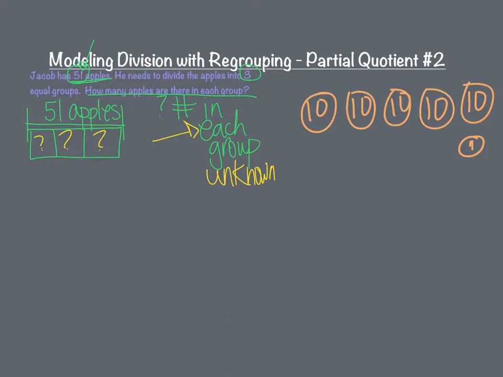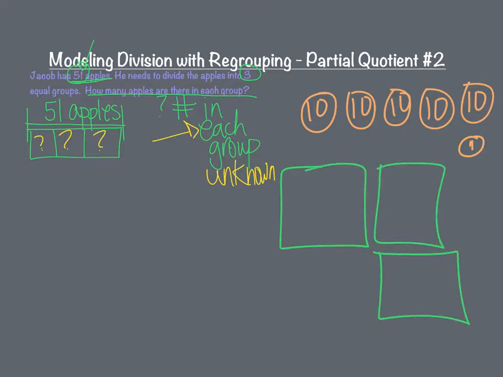Now, how many groups do I have? That's right, I have 3. So I can create 3 groups. My job is to figure out what goes in each. So I'm going to do it as equally as possible.